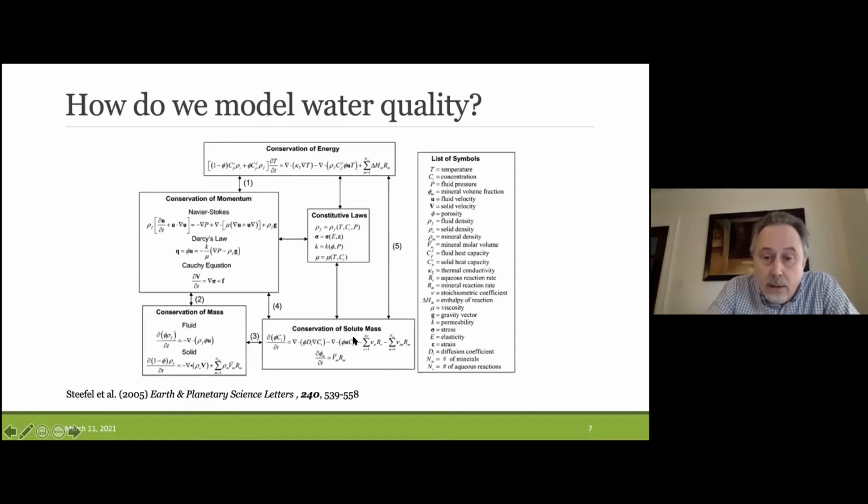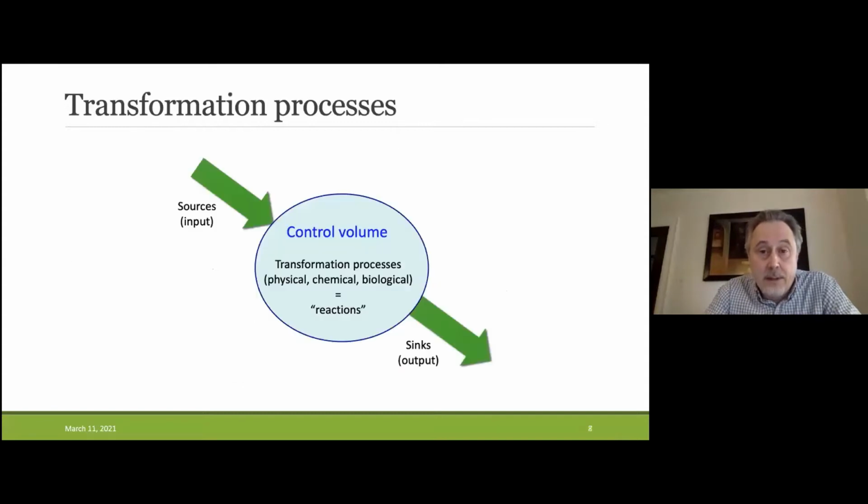And then you have all these terms, these big R's, which reflect the rates of processes that are affecting the constituent in the hydro system of interest. And so these big R's, these rates, are essentially one of the challenges in water quality modeling when we're dealing with reactive constituents, so constituents that can undergo transformations in the system of interest.